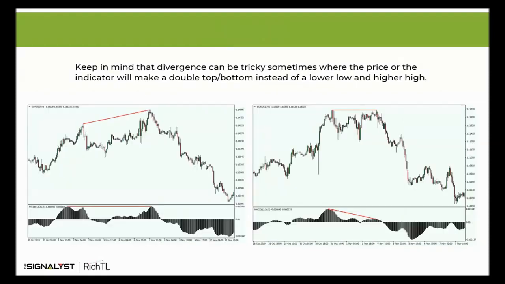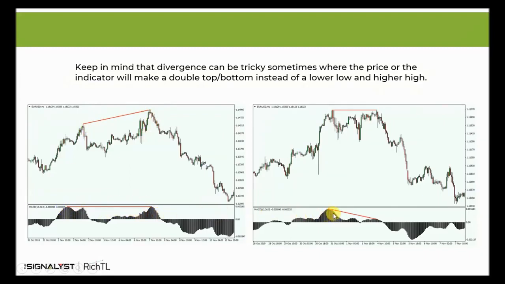Keep in mind that divergence can be tricky sometimes, where the price or the indicator will make a double top or bottom instead of a lower low and higher high. Here are two regular bearish divergence examples. As you can see on this one, price made a higher high, while MACD made equal highs instead of a lower high.